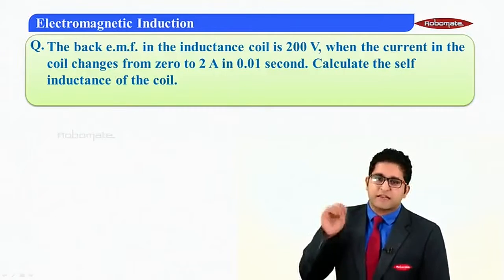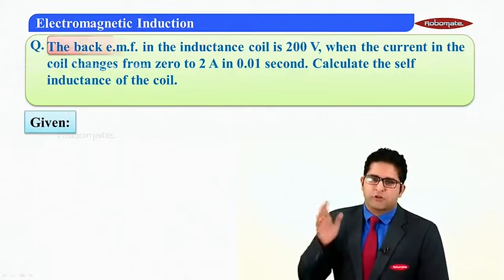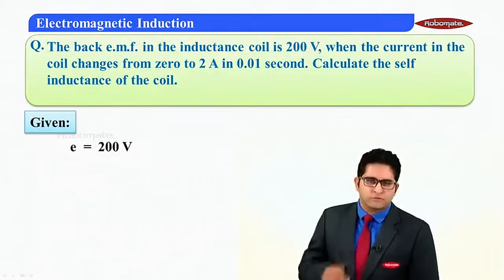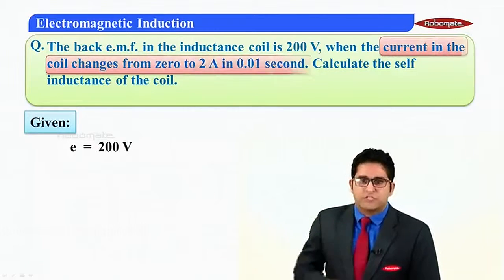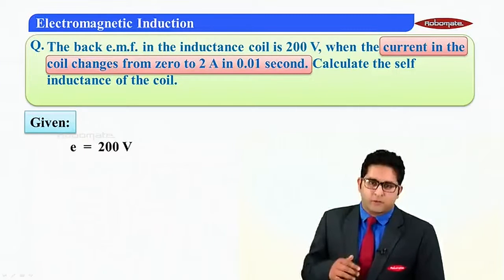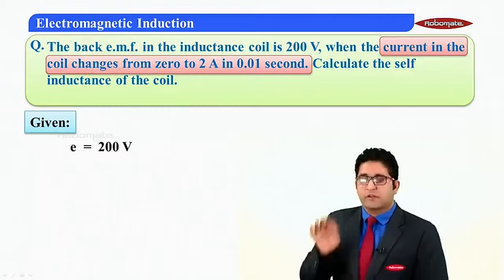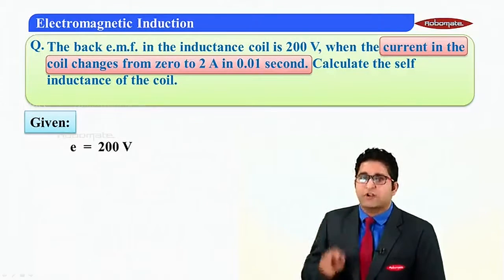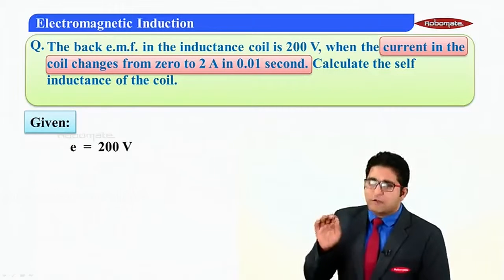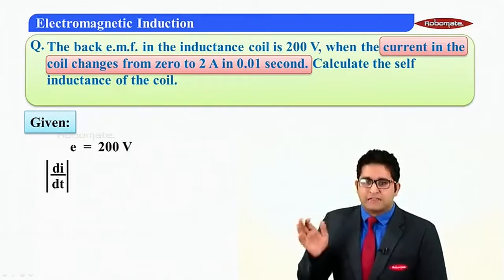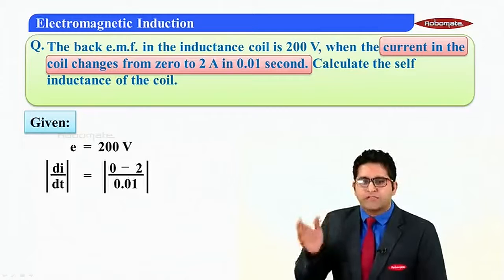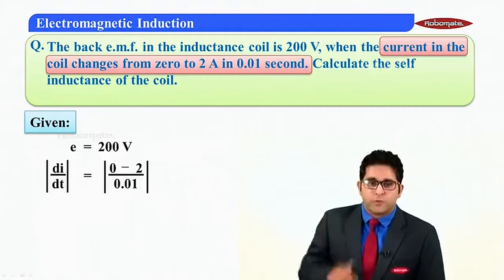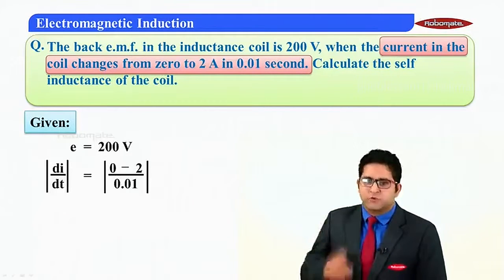Now let us analyze this and write down the given data. First of all, we are provided with a back EMF, so I can write E equals 200 volts. The current in the coil is changing from 0 to 2 ampere in 0.01 second. So from this, I can calculate the change in value of current with respect to time, or di by dt, and it is given by 0 minus 2 upon 0.01, because current is changing from 0 to 2 ampere in 0.01 seconds.